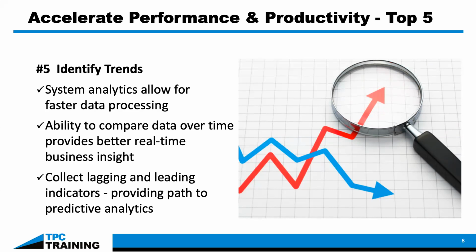Over time, when we look at the data that we collect, the system can gather and parse that data such that it's very easy to identify that when we use a particular contractor, our safety issues go up. And so it lets us know that we may want to reconsider who we are using for future projects. So this ability to collect not only things that have already happened, lagging indicators, but also leading indicators, takes us down that path to predictive analytics.